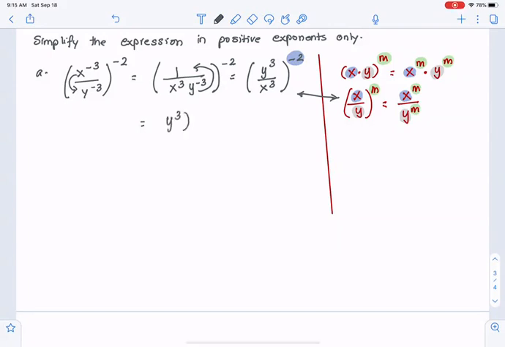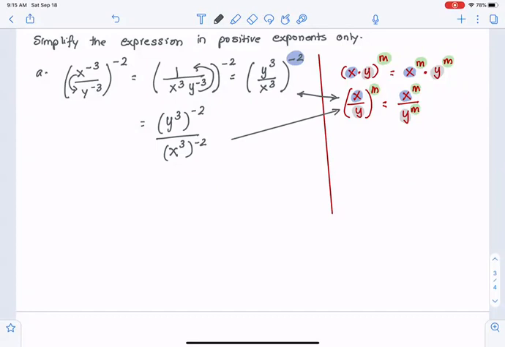So y cubed raised -2 divided by x cubed raised -2. So instead of x and y raised m, I have y cubed raised -2, x cubed raised -2.